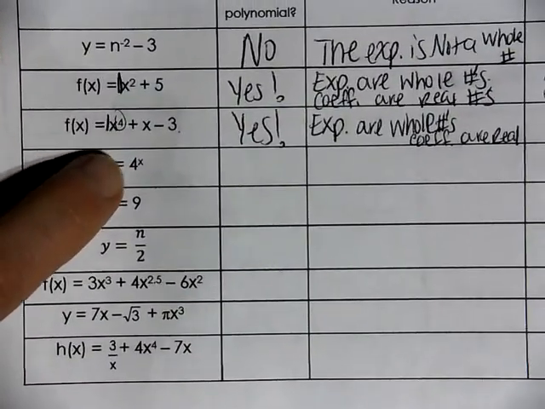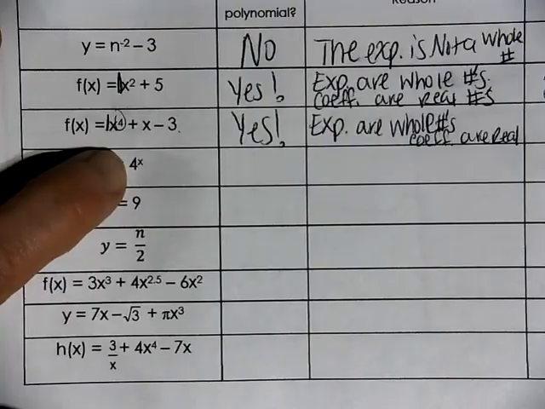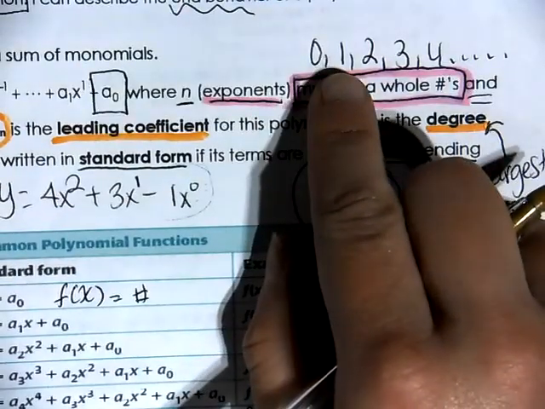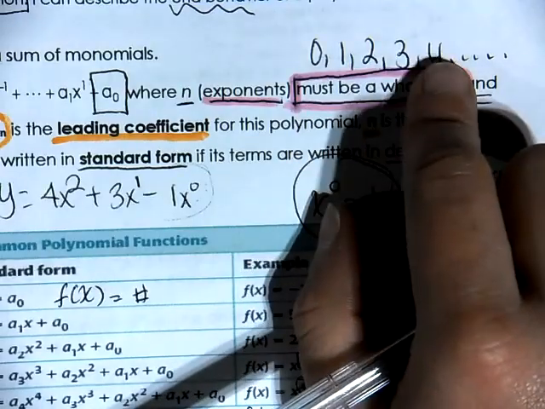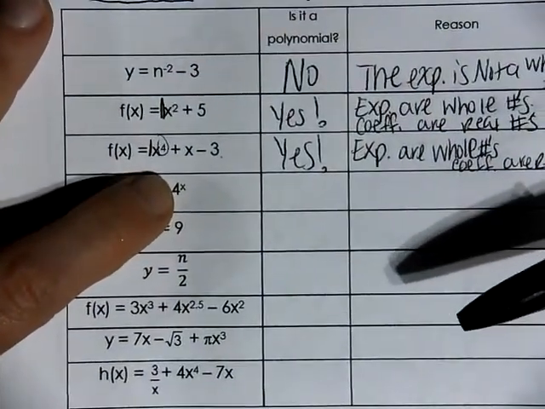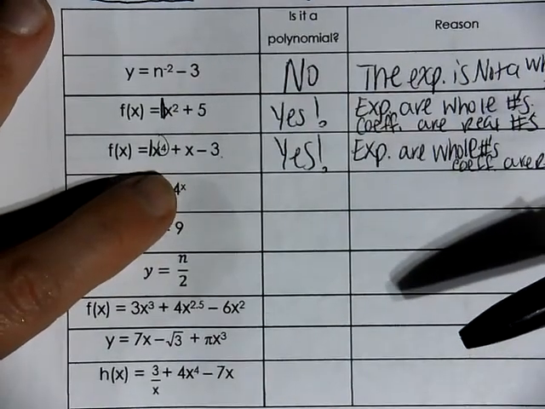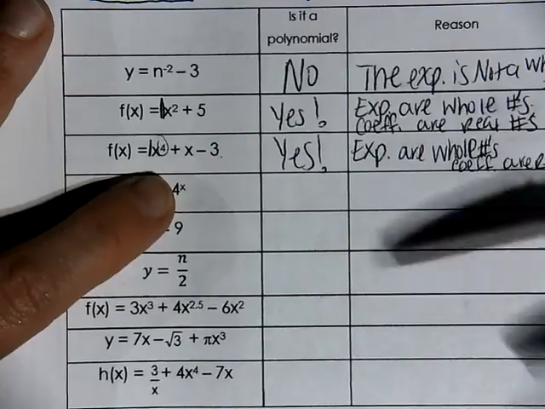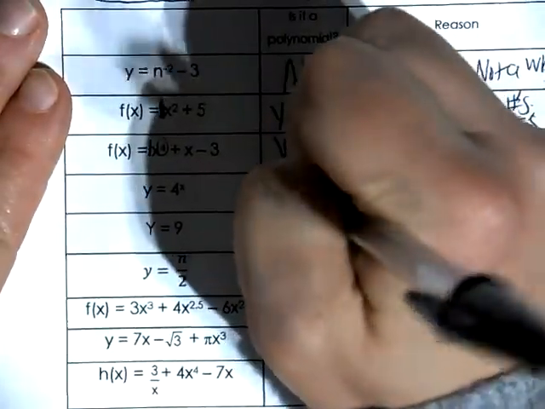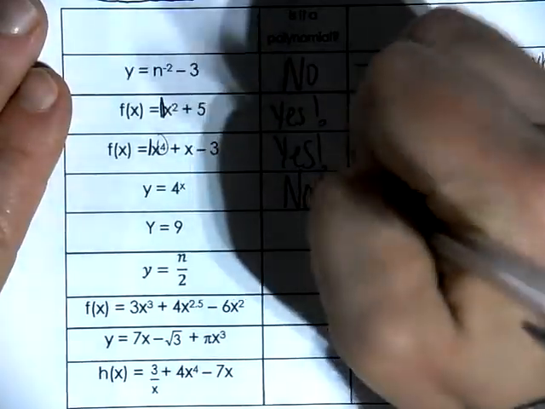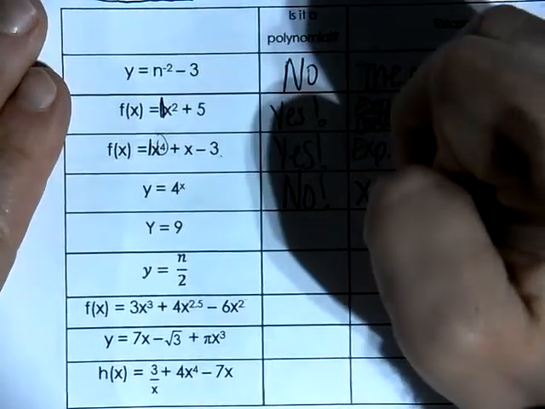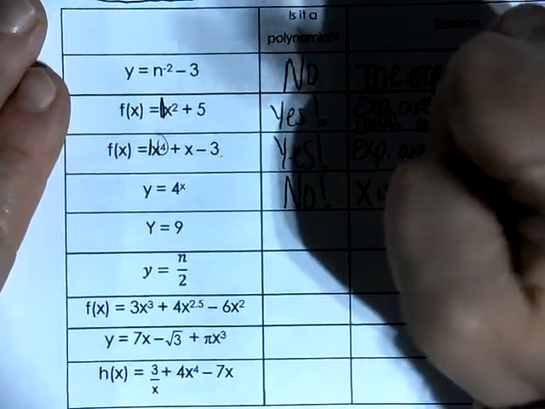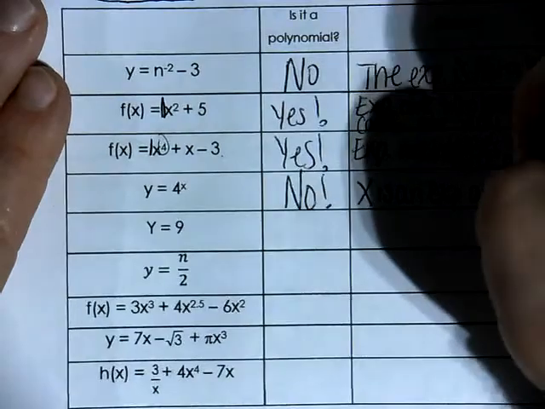Next, we have y equals 4 to the x power. Now, x could be 0, 1, 2, 3, or 4. But we also know that x could be any number. It could be negative. It could be a decimal. It could be anything. So therefore, the answer is no. And that's because x is an exponent and could be any number.